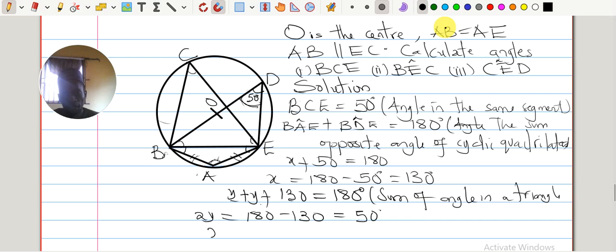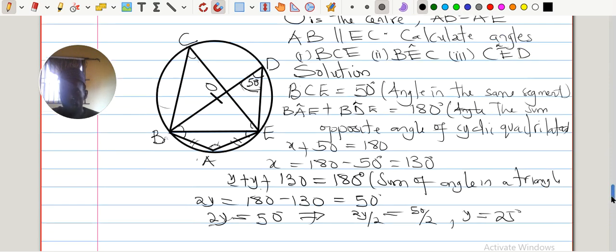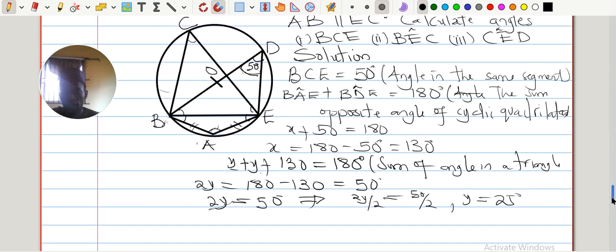Now we have 2y equals 50 degrees. Don't forget the coefficient of y is 2, so dividing both sides by 2, 50 divided by 2, my y is equal to 25 degrees, okay?